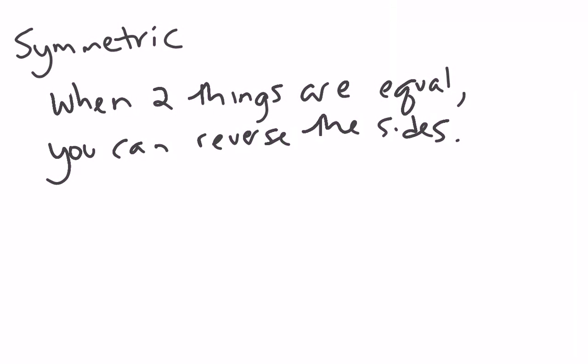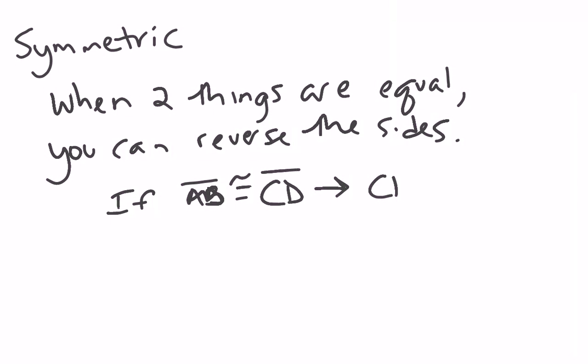For instance, if segment AB is congruent to segment CD, I can just switch the sides, then CD is congruent to AB.